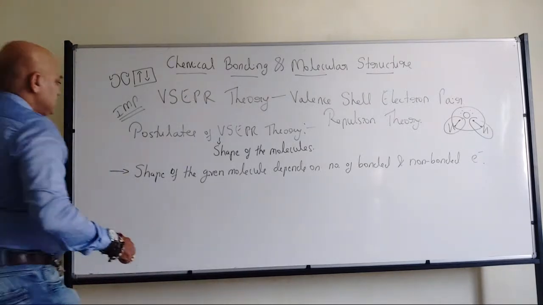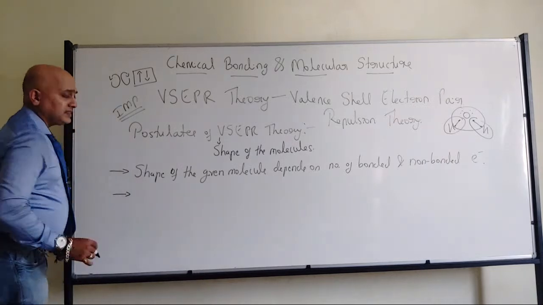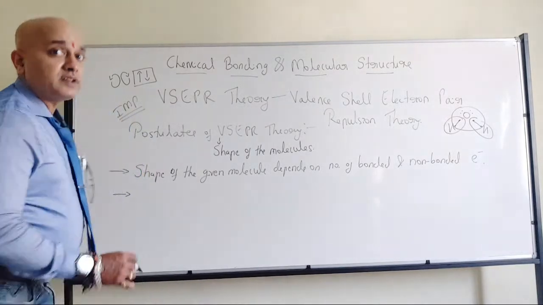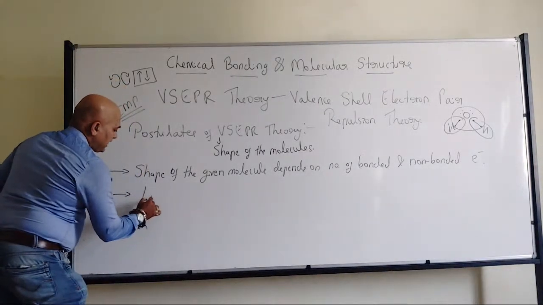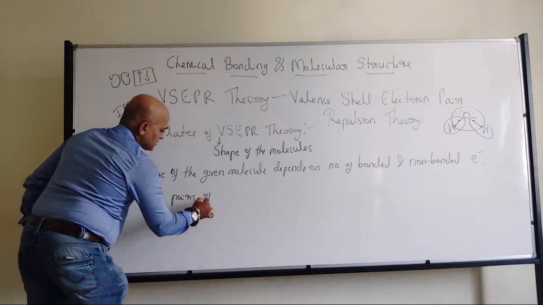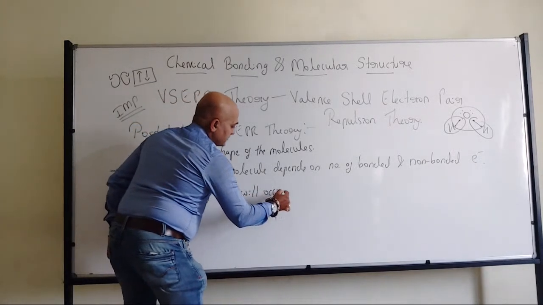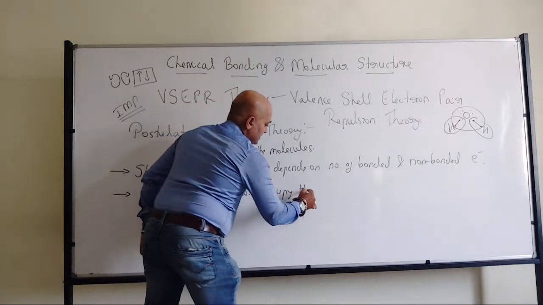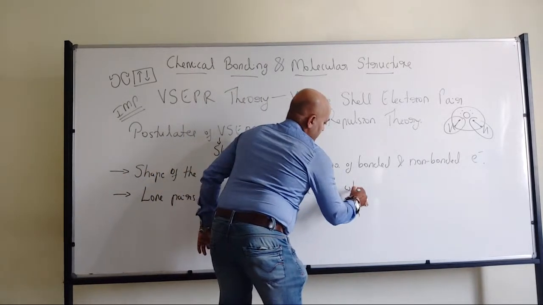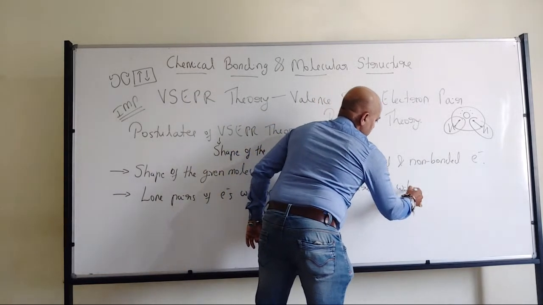Okay. So next one. With respect to lone pair of electrons, pairs of electrons will occupy the space where they will be far from each other.